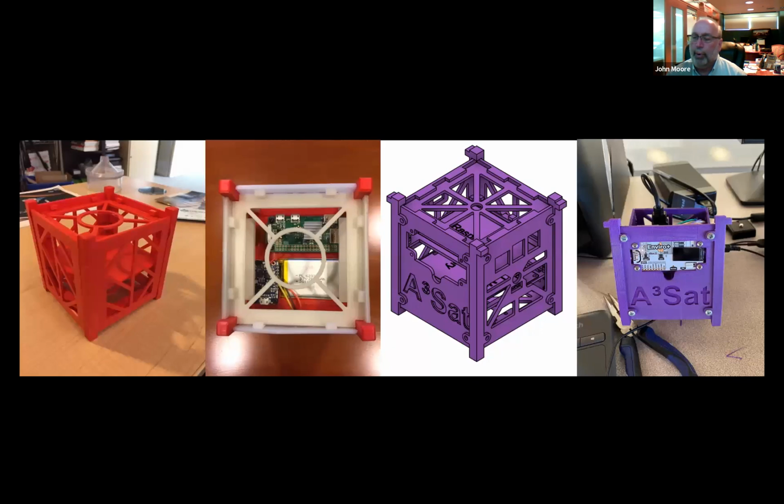So this slide real quick is a kind of by picture evolution of a CubeSat. Starting on the left, the red cube there was in talking to a friend of mine about how to do this, and they had access to a 3D printer. So that was the first form factor.